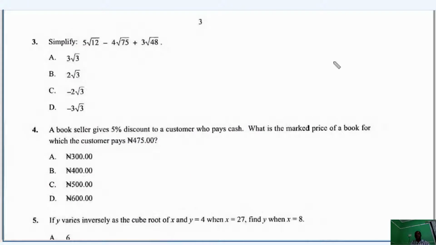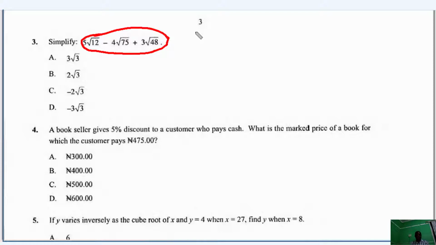Okay, so we are moving on to question 3. This is also a surd question, and this one is calculator work. So when you get this, use the calculator, punch the same thing into the calculator, and the answer will come. So we start: 5 root 12 minus 4 root 75 plus 3 root 48.